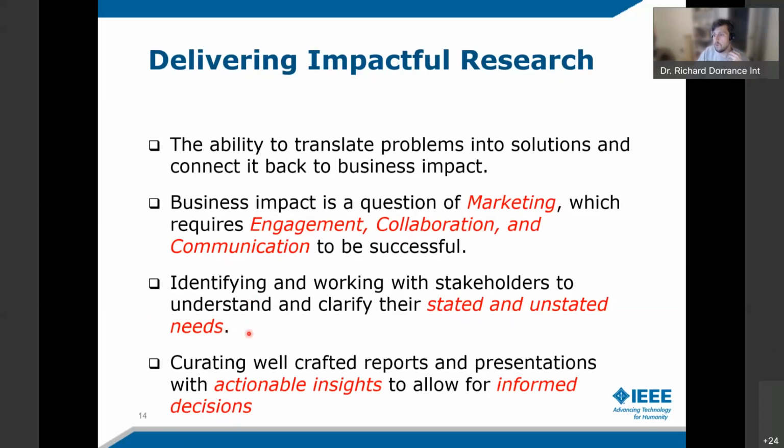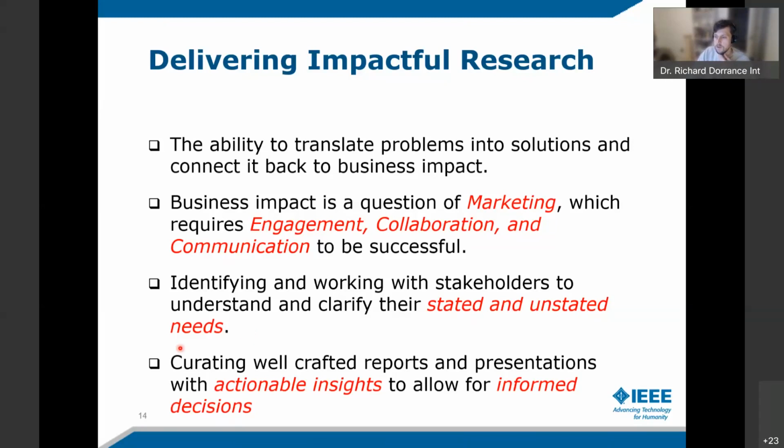Trying to deliver impactful research is sometimes like reading a crystal ball, trying to predict the future by looking at different trends going on within industry and academia, figuring out where things are going to be, and trying to get a little bit ahead of the curve.